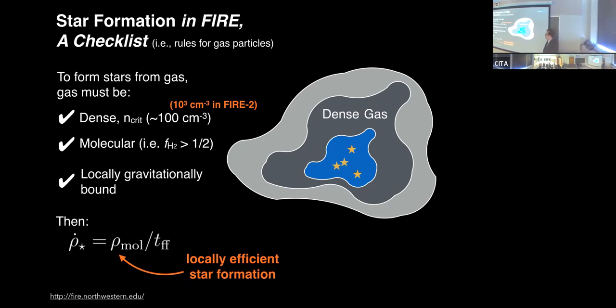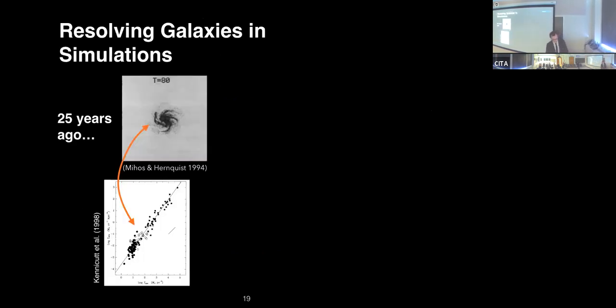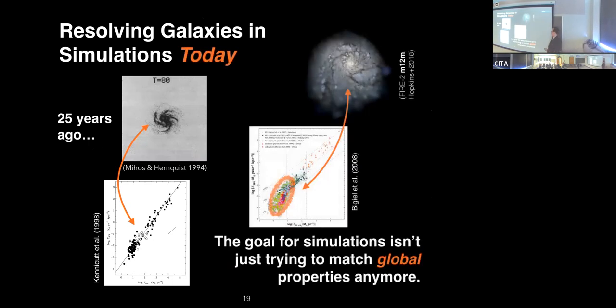And so the name of the game is, how do we take something that goes from being locally quite efficient to globally inefficient? And again, simulations have gone, in the last 25 years, from the early 90s, when we were really just trying to get galaxies to look anything near realistic, things that didn't have incredibly razor thin disks and bullets of all the gas turned into stars before redshift 2, to matching the interior properties of galaxies.